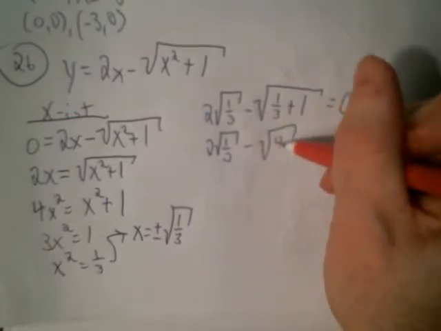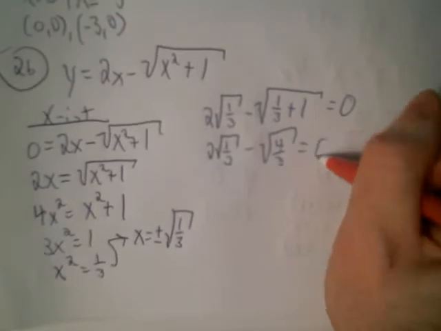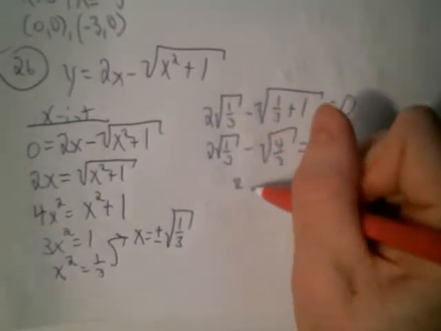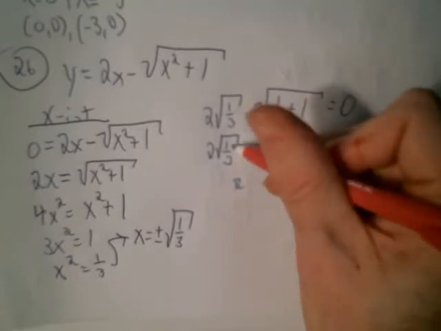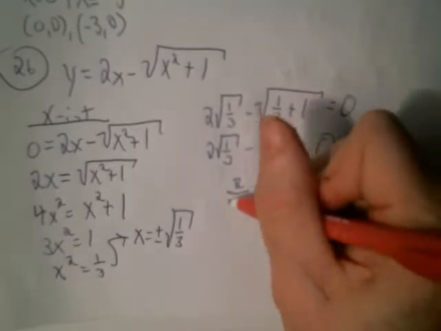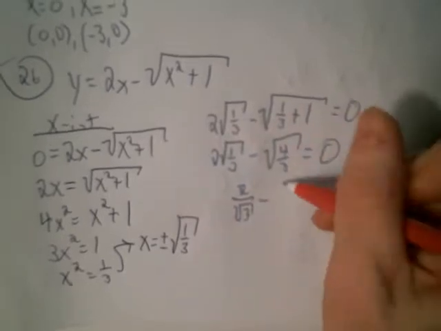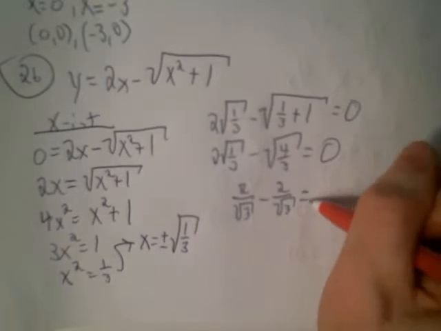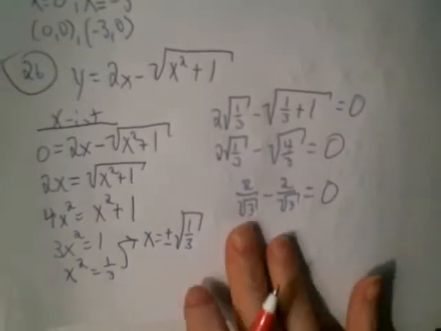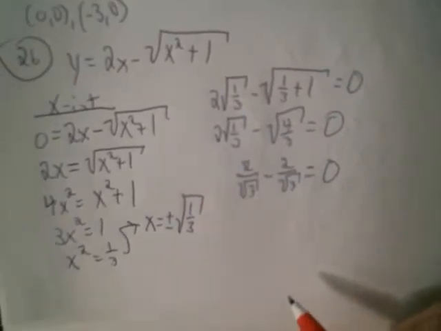So the square root of 4/3 is 2 over root 3, because the square root of 1 is 1 and the square root of 4 is 2. So I get 2 over root 3 minus 2 over root 3, and of course that's equal to 0. Let's try the other one. That one ain't gonna work, right?